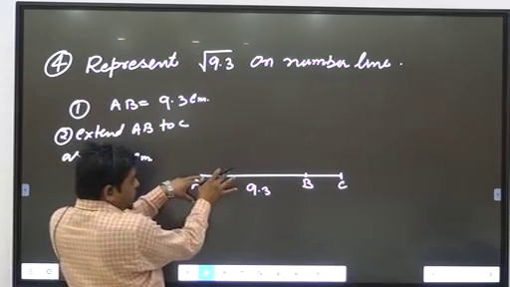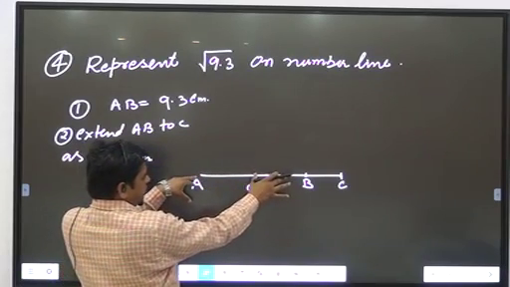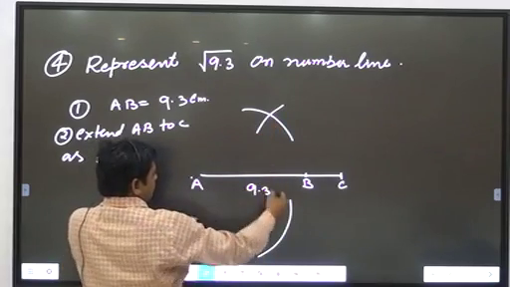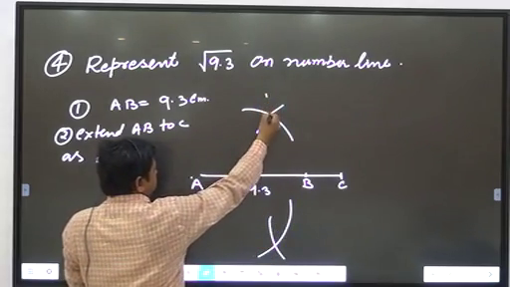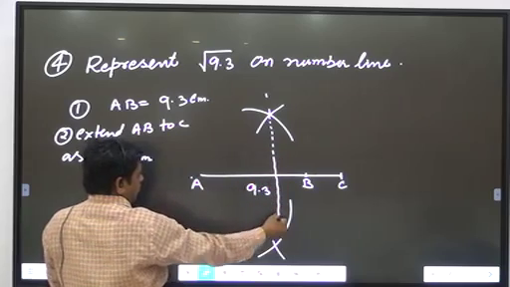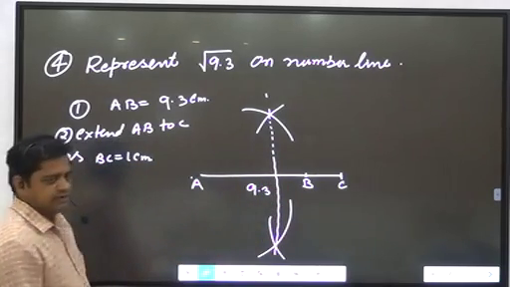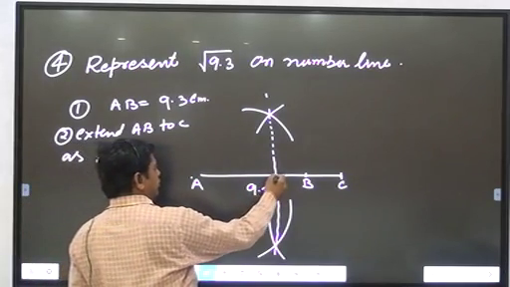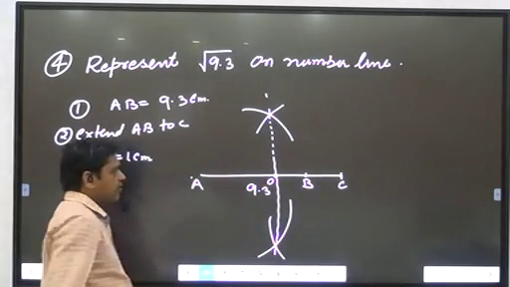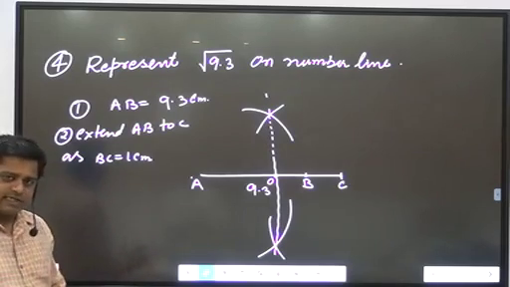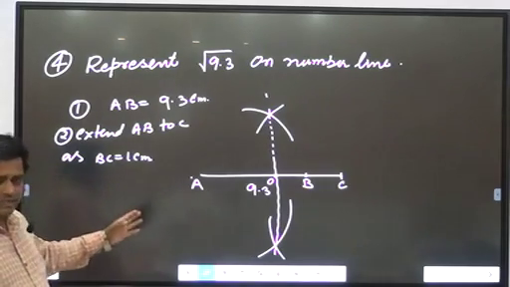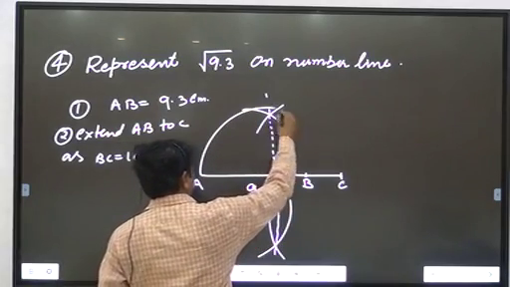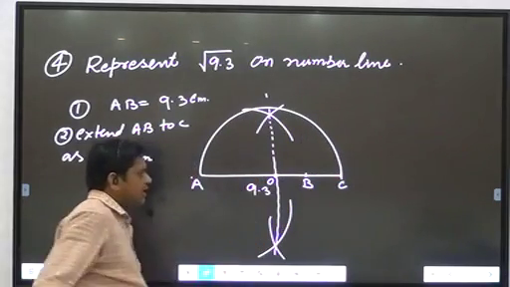So take more than half the distance of AC. We will draw arcs and make the perpendicular bisector of AC, which intersects AC at another point, you can say O. Taking O as center and OA as radius, we draw a semicircle. Clear?